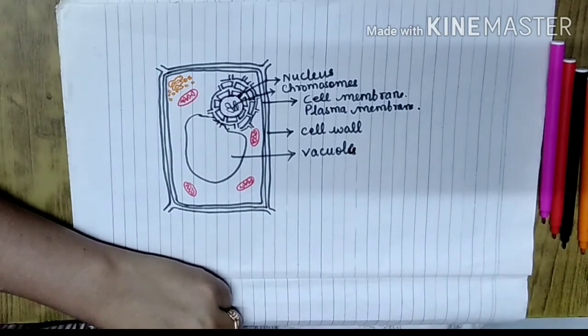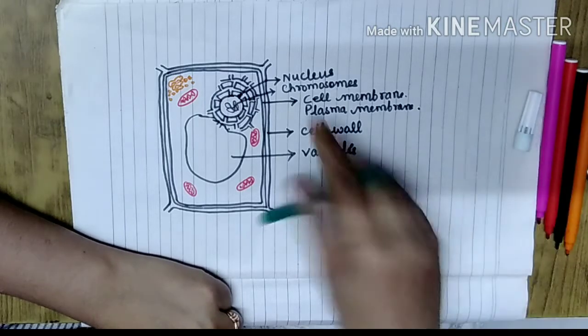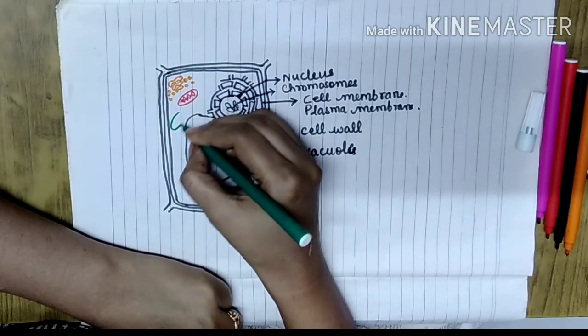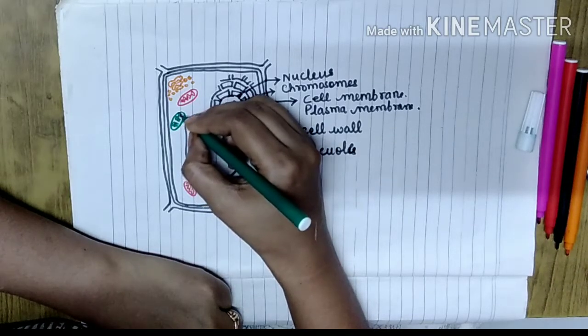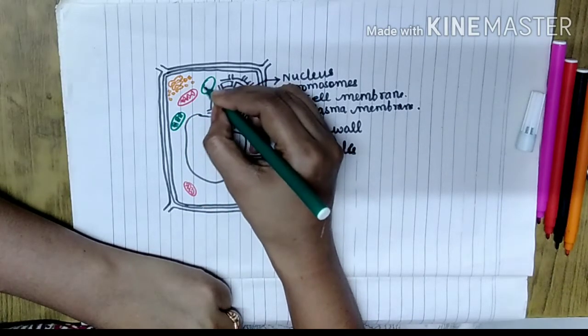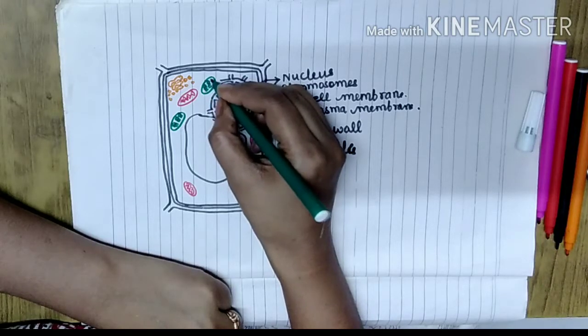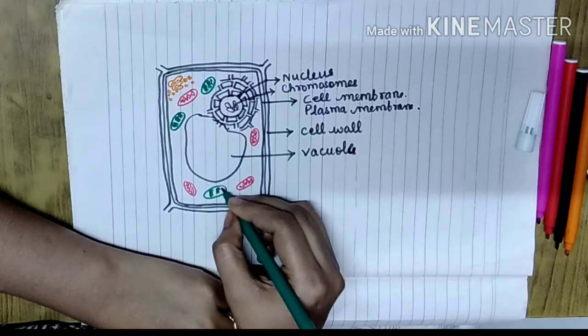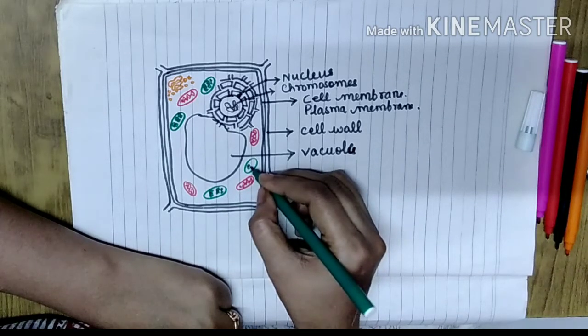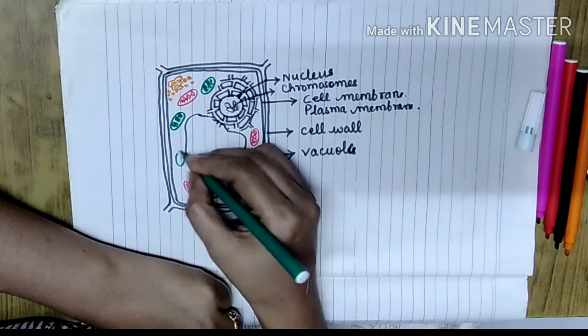Now let's talk about the chloroplast, because plant cells are the ones that perform photosynthesis. They consist of one more organelle that is not found in animals, that is the chloroplast, and I am showing them with the green color.